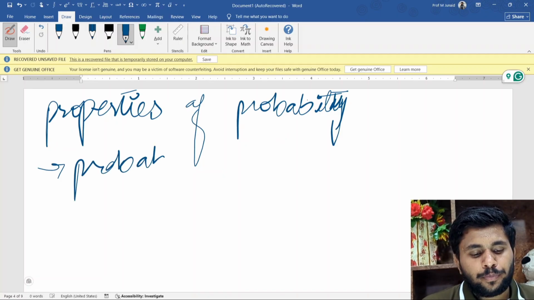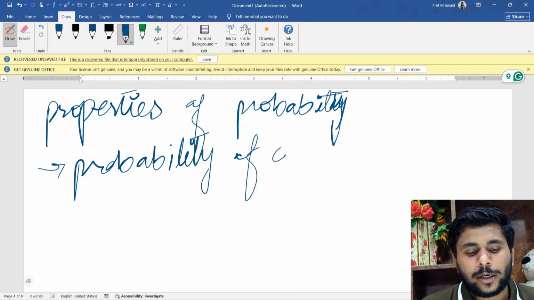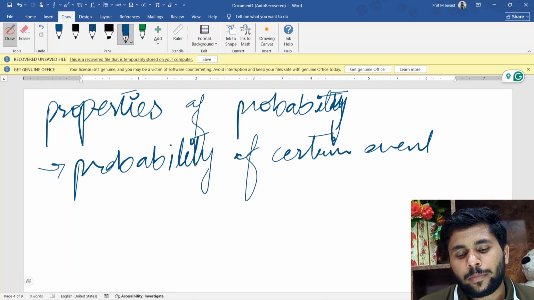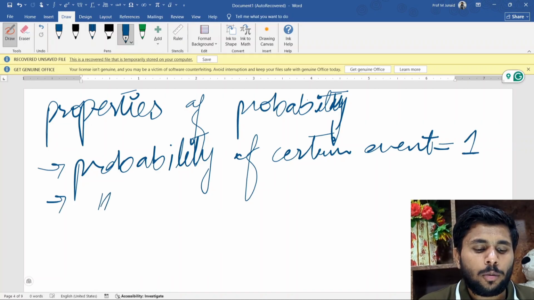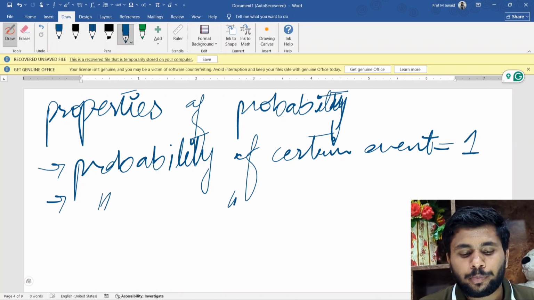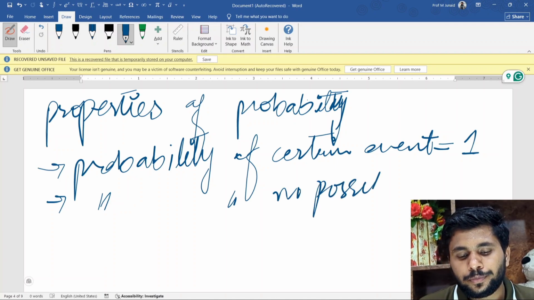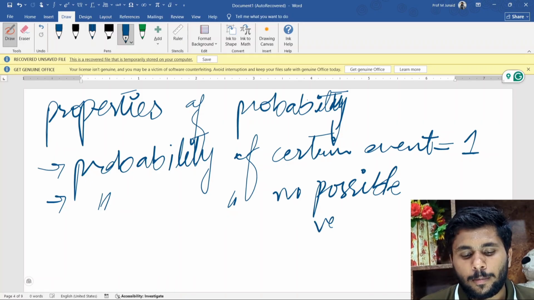The probability of a certain event always equals 1, and the probability of an impossible event equals 0.